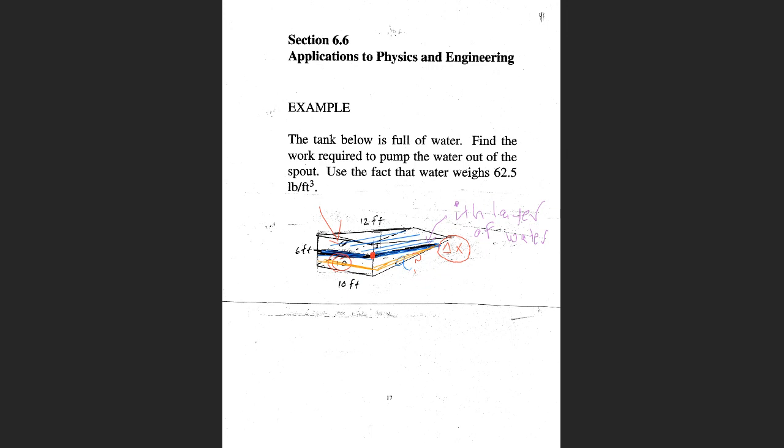Will that vary? The width 10 doesn't vary. The height delta x doesn't vary. But depending on where the ith layer of water is, will it have a different length?